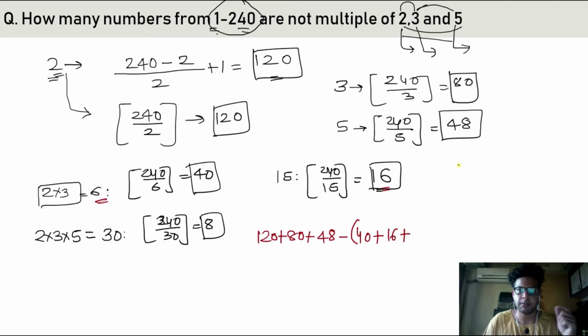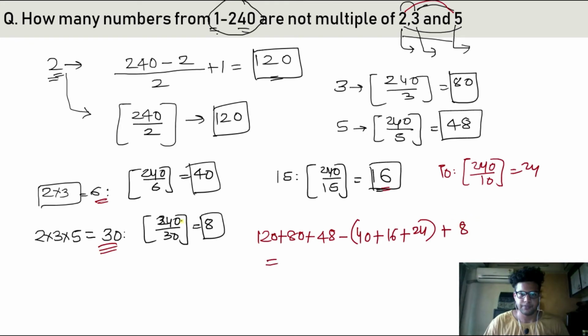We also need the multiples of 10, because 2 into 5 is 10. Multiples of 10 would be 240 divided by 10, which is 24, minus 24, plus the multiples of 30, that means 8. The answer would be 176.